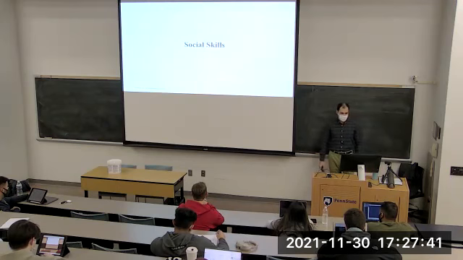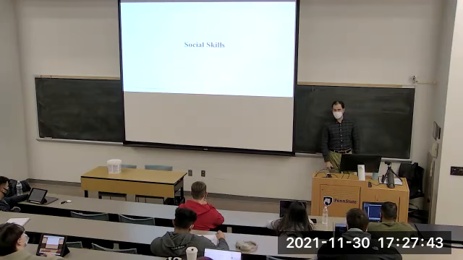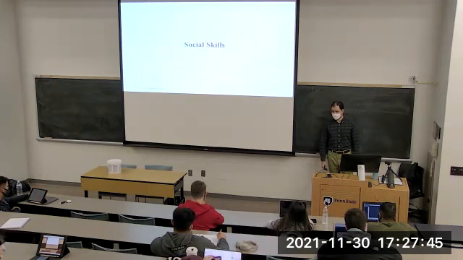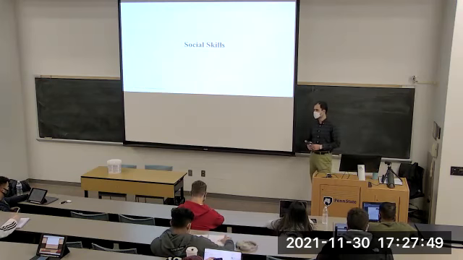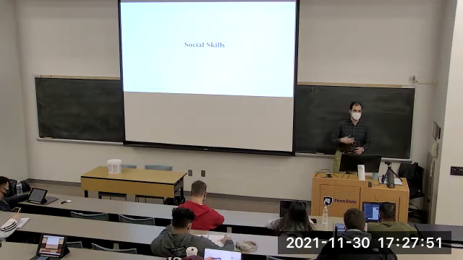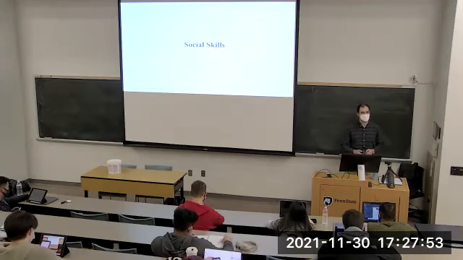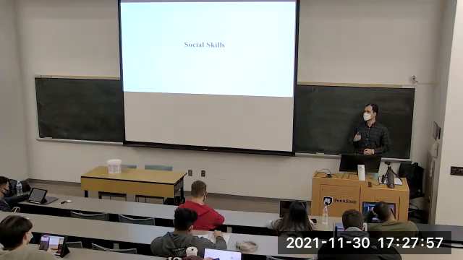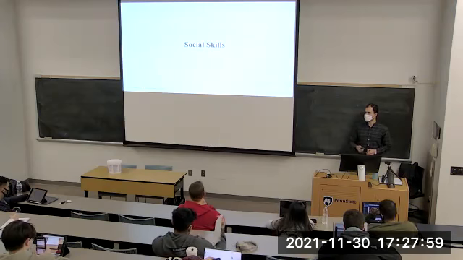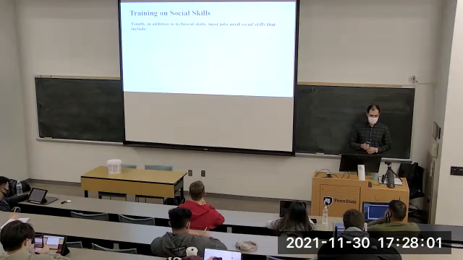Okay, so the last thing to talk about is social skills. Whatever we talked about by now, they're all technical things, technical skills like coding, like knowing about specific things and responsibilities. But most jobs that you will enter need social or communication skills.